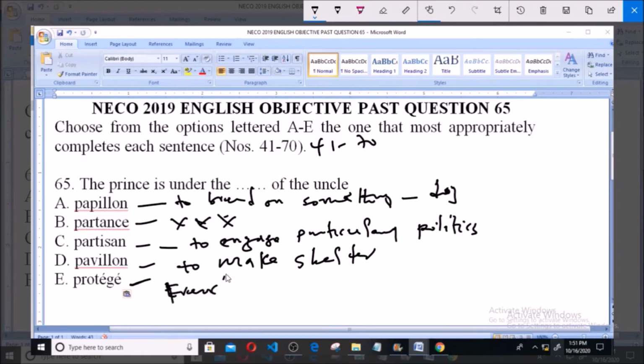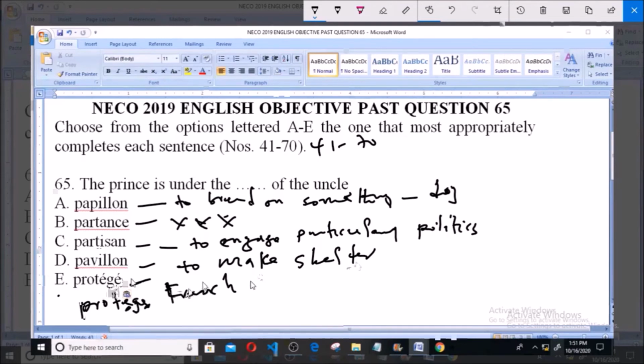We have the English version too. The English version of protégé is the same spelling, but without the hyphen on the two letter E. Because if you look at option E, on the first letter E after the T there is a hyphen on top, then the E after letter G there is a hyphen on top.